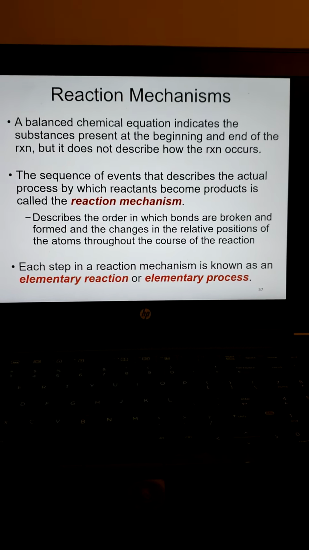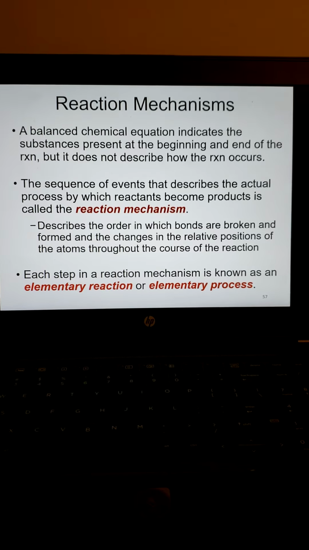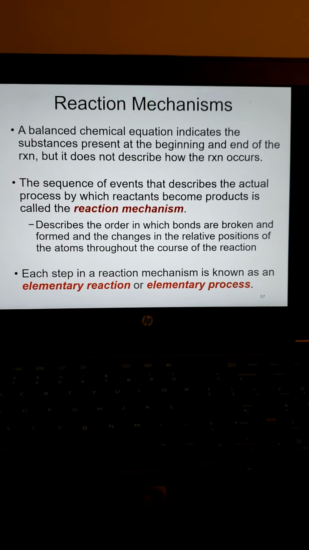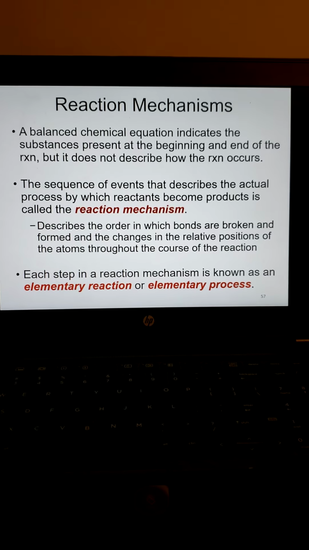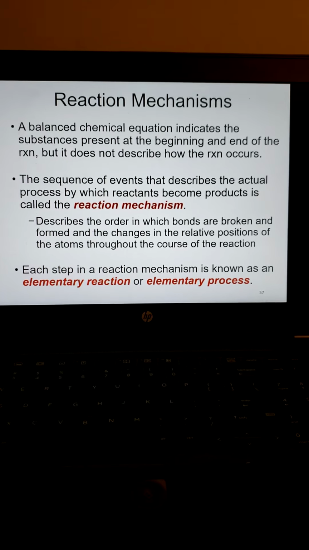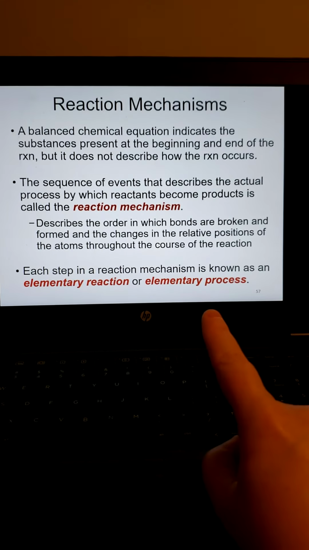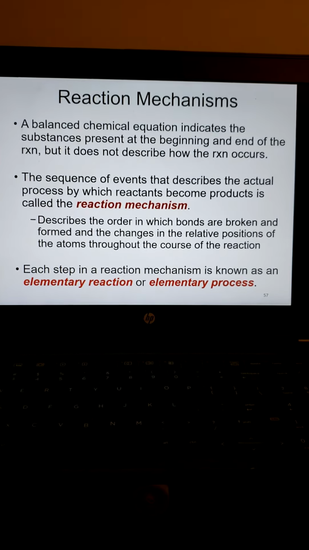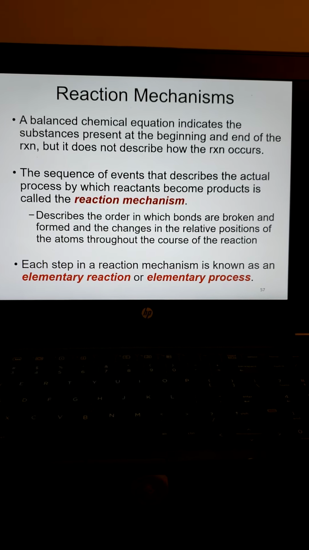And if it's an elementary reaction, that means it occurs in a single step. But you don't know that. And since we don't know that, we never make the assumption that the coefficients are the exponents, unless, now that I've told you what an elementary reaction is, I tell you that something is elementary. Then you could write me the rate law for it, because you would just use the coefficients as exponents.